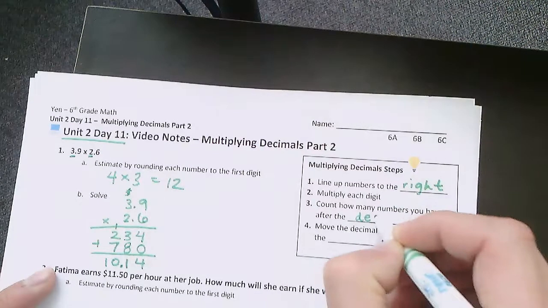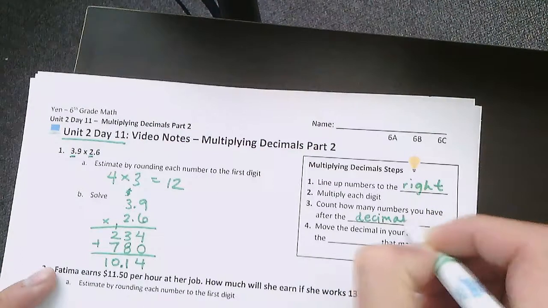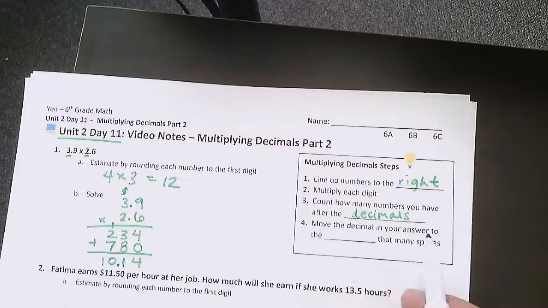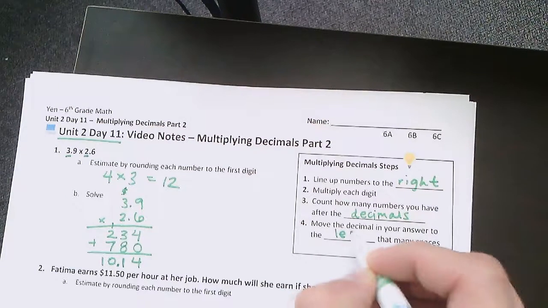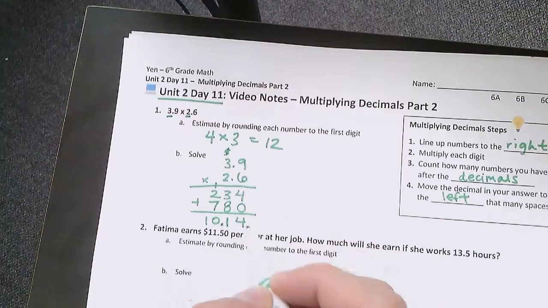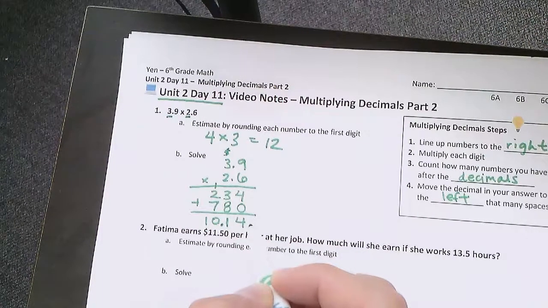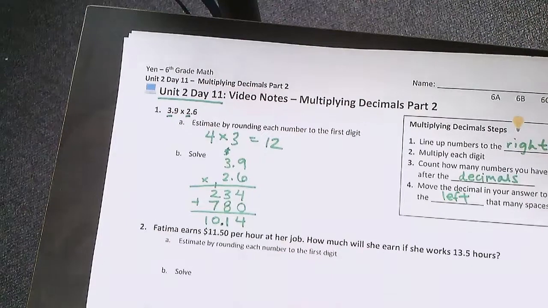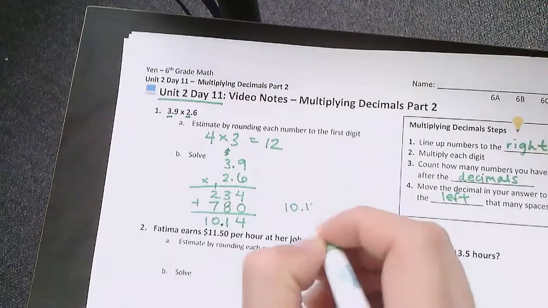So count how many numbers you have after the decimals, both decimals. Then move the decimal in your answer to the left that many spaces. So we had 2 total numbers after the decimals, 1 here, 1 here. So we would start at the end and bring the decimal back 2 places. 1, 2, now we have 10.14.